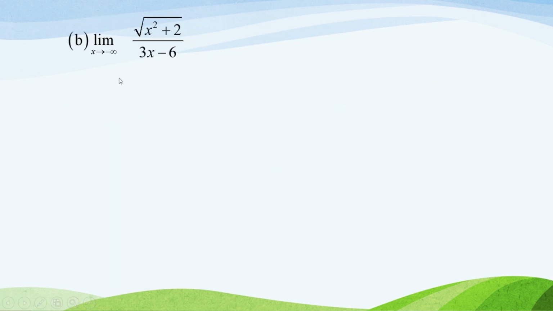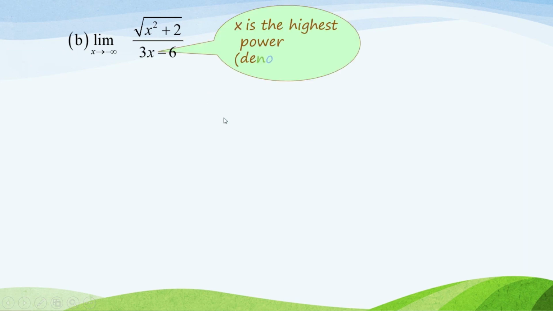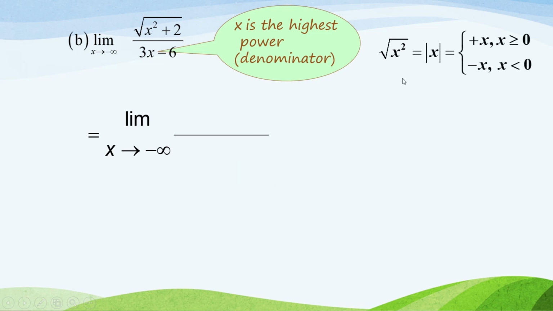For question B, the limit as x approaches negative infinity of the square root of (x squared plus 2) over (3x minus 6), we know that x is the highest power of the denominator, so we must divide the denominator by negative x. Why negative x?